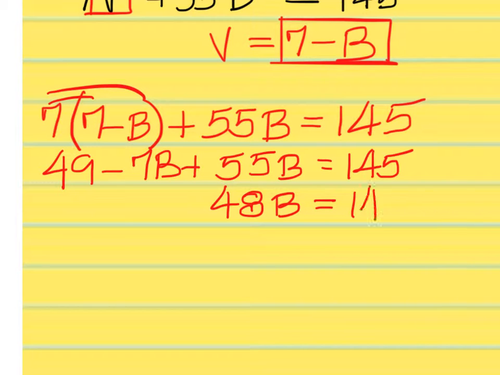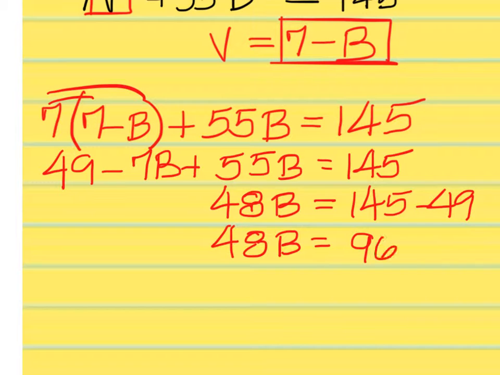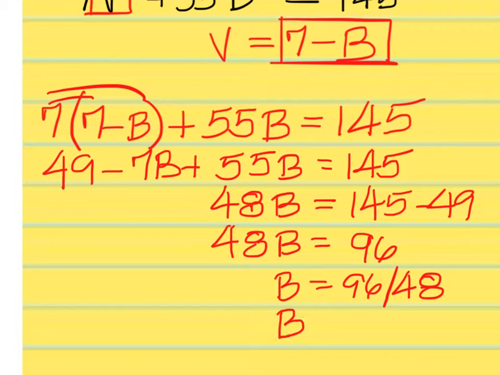And then 145 minus 49 on the right. 145 minus 49 is going to give me 96. Divide 96 by 48, and I come up with 2 buses that were taken on this trip.